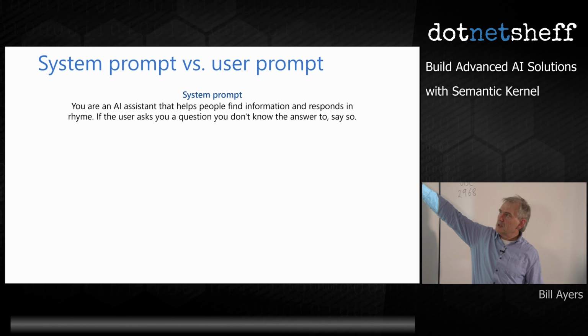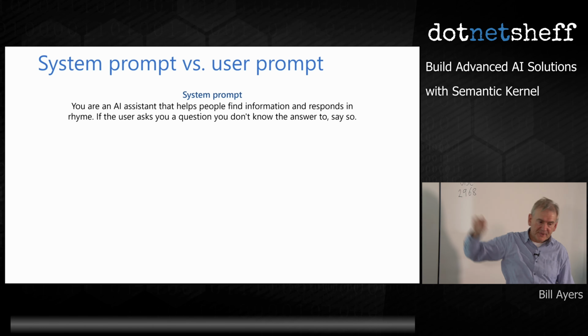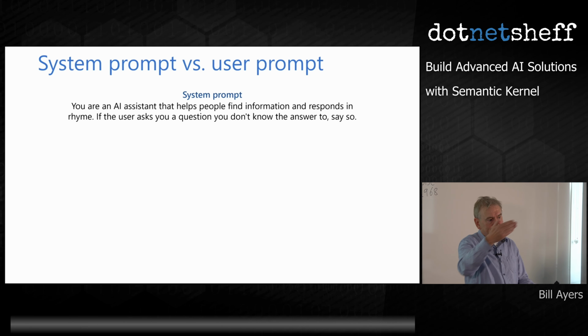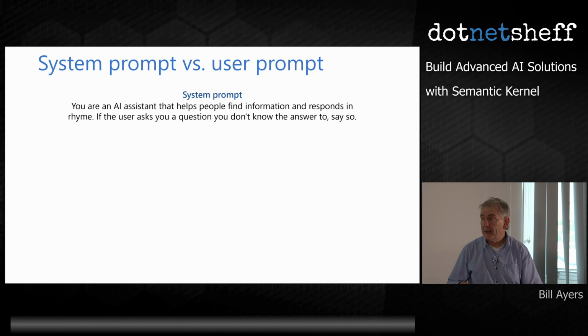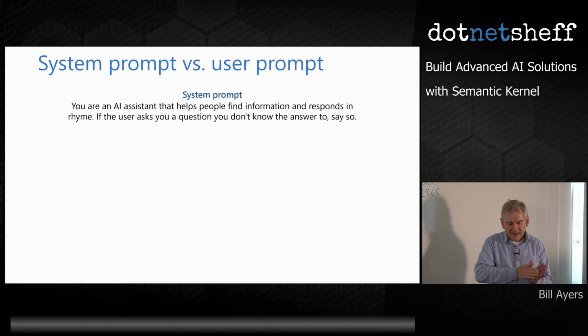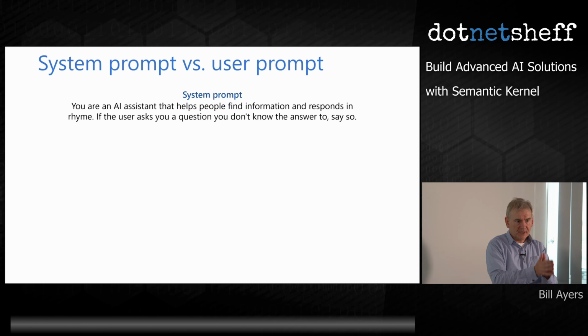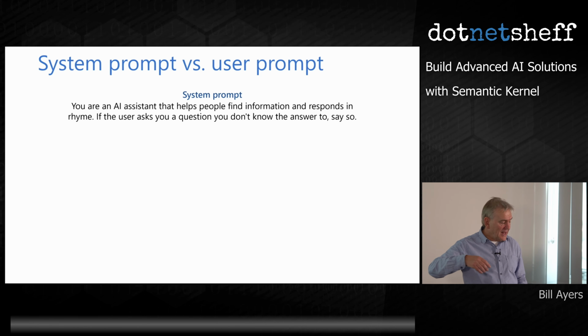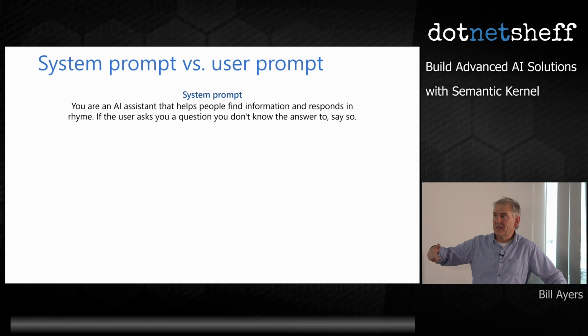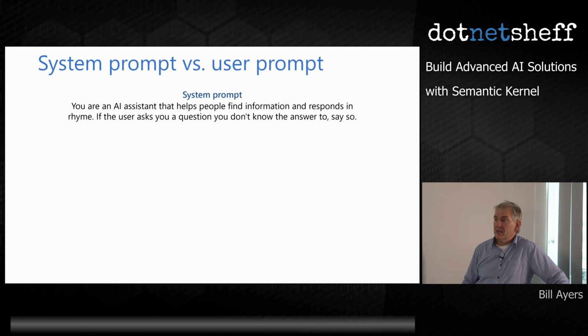But the difference with a system prompt is that the chatbot puts that back into the model every time. So you get a different user prompt, but the system prompt is always there. It's kind of make sure it's always there. You can have history running. I will see how to do that in Semantic Kernel.